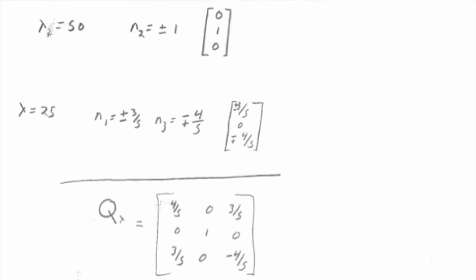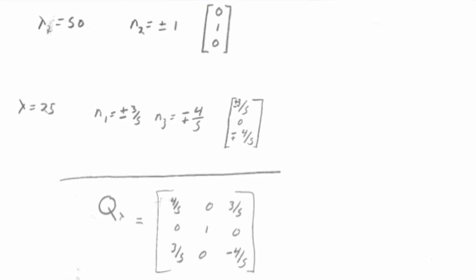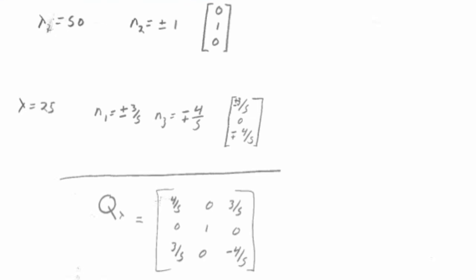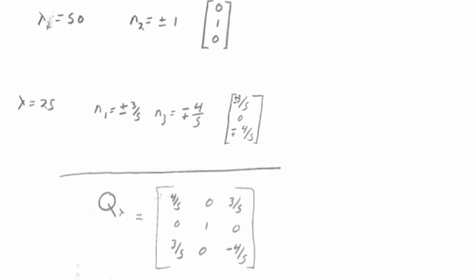For lambda 2 equals 50, anyone know what the eigenvector is going to be off the top of your head? n2 has to be 0, 1, 0.